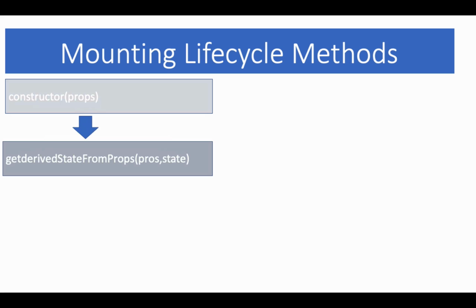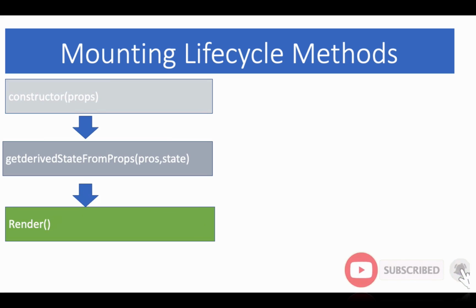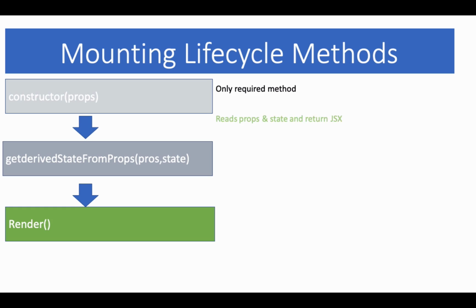The third method is the render. It is the only required method in a class component. In the render method, we read props and state and return JSX, which describes the UI. What you should not do is change the state, interact with the DOM, or make an AJAX call.